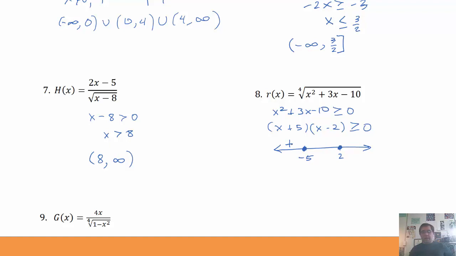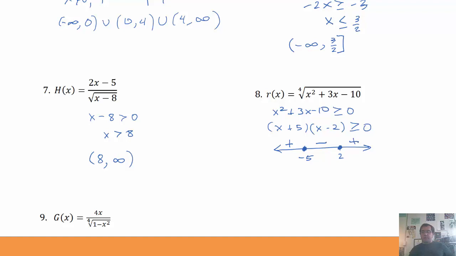Now if I pick a number in between negative 5 and 2, an easy one to pick is 0, and I plug it in, I'll get 5 times negative 2, which is negative 10, so I'll mark that section as being negative. And if I pick a number bigger than 2, like 3, and I plug it in, I'll get 8 times 1, which is positive 8, so I'll mark that section as being positive.